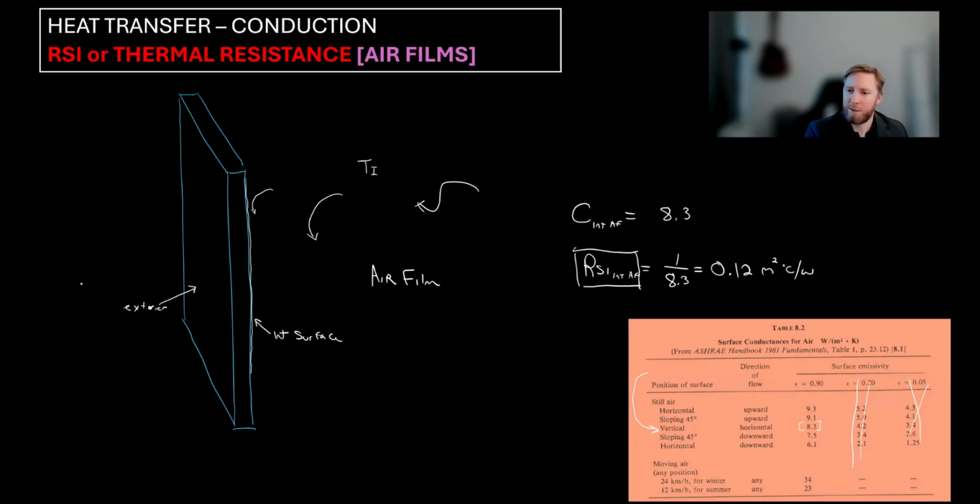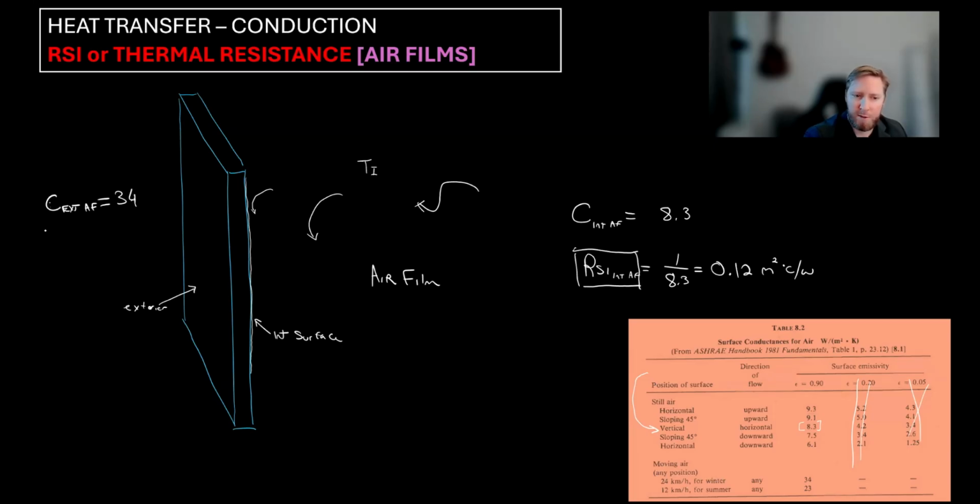Okay, so that's the RSI of the interior air film. And on the exterior, if I were to look at the conductance of the exterior air film, well, I'll look down here in this table, and there's a few different values, but let's assume it's winter time and the air or wind is blowing at 24 kilometers per hour. So this is an assumption. And they're using a value of 34.